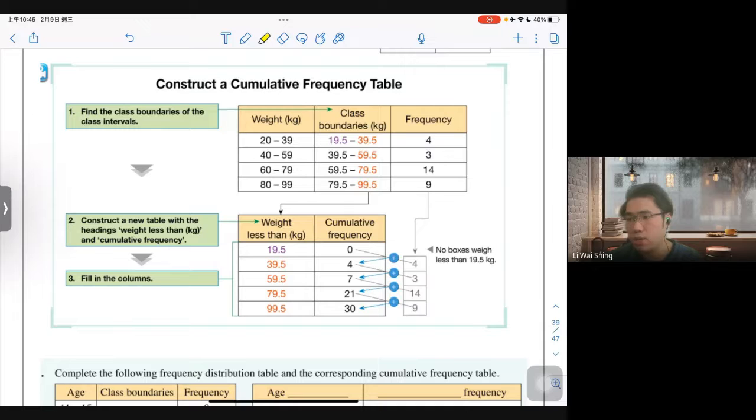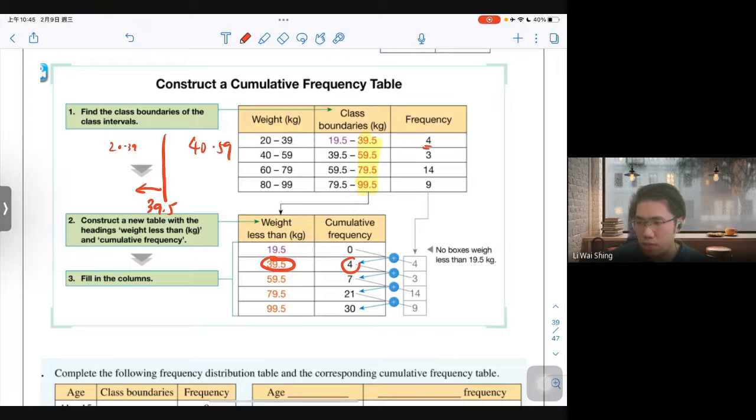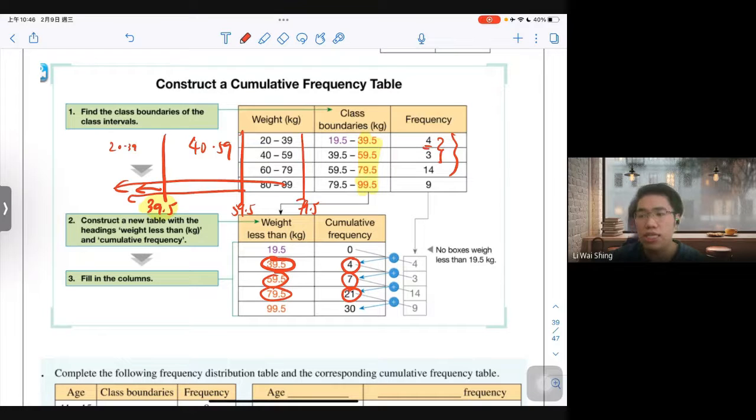Okay，第一樣嘢揾咗個 boundary 先，20到39。即係少過39.5 kg 嘅人，總共人數有4個。少過59.5總共有7個，4加3，呢兩 group 加埋。79.5，呢3 group 加埋總共有21個人。但係你話少過39.5 kg，我係咪可以接受我個人嘅重量係2 kg 或者1 kg？1 kg 嘅人一風一吹就走，唔得嘅。Mr.